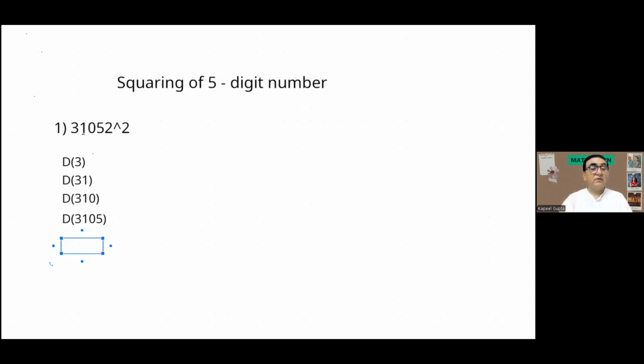So now the 5 digits are in place, right?